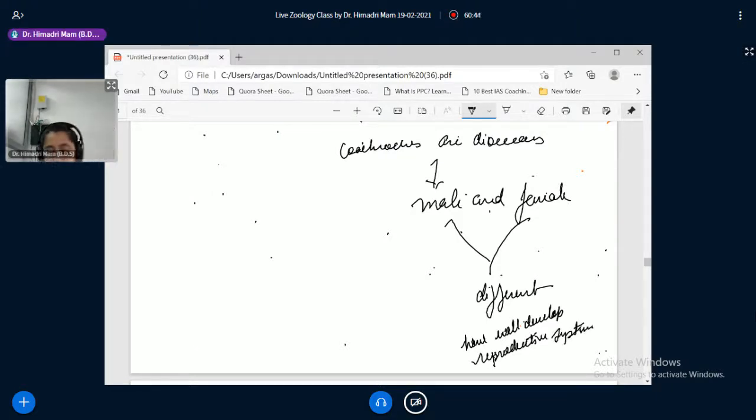Okay. Now they have developed the reproductive organs. Right, they have a pair of testes lying on each side, that is in the fourth and the sixth abdominal segment.